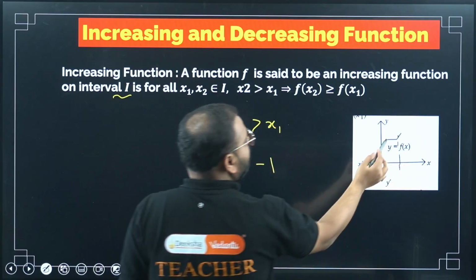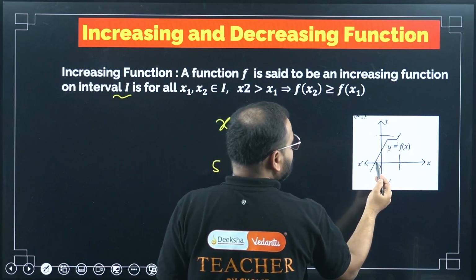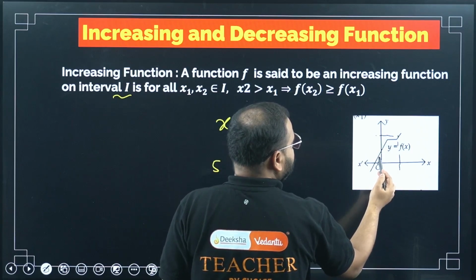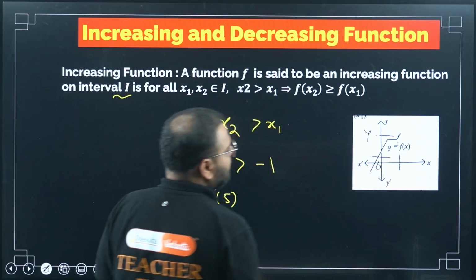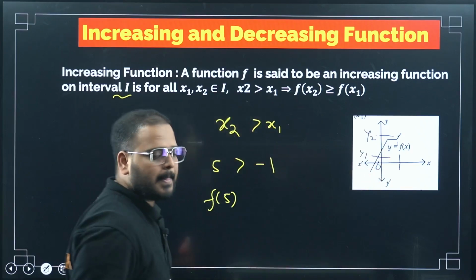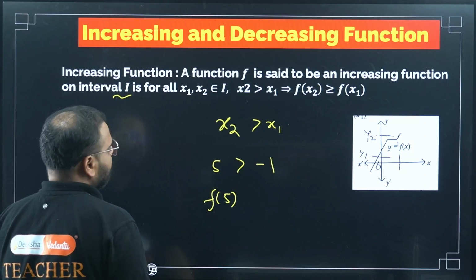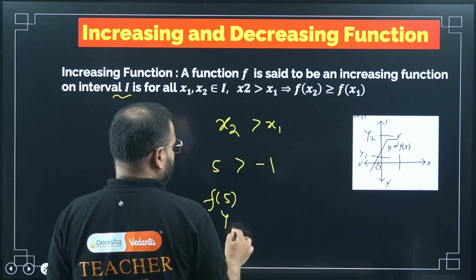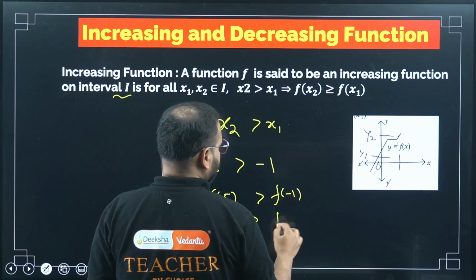Isn't that value of y more than the value at -1, which is over here? So I get this value as y2 and this value as y1. Can you not say from the graph directly that f of 5, which is y2, is simply more than f of -1?